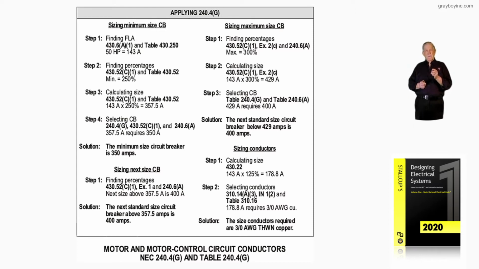Now notice, a 350 amp device, typically at 600 volts or less, will hold about 3 times its rating. So when you multiply 350 by 3, you're looking at 1,050 amps that it'll hold based upon its frame size and its voltage, for so many seconds.